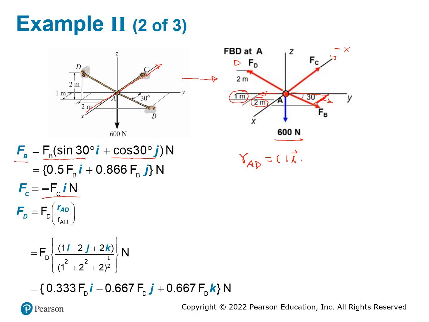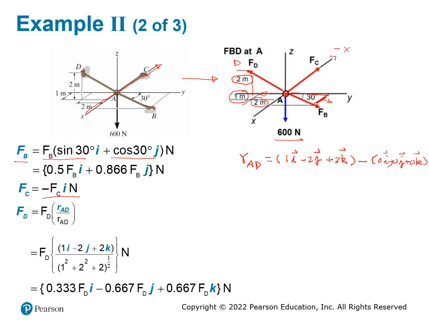So it's going to be minus 2 of j. And for the z direction, it's going up 2 meters, so this is going to be positive 2 of k. And you use this one minus the position at A, which is 0 I, 0 J, and 0 K.